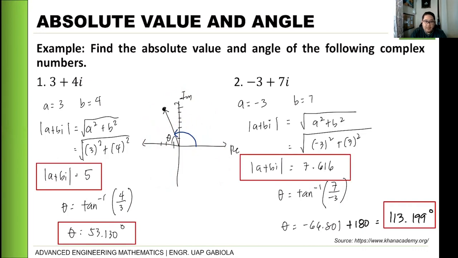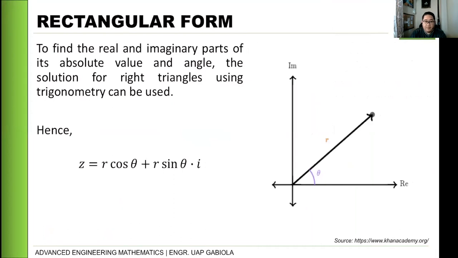Now, we will go do sa tinatawag nating rectangular form ng ating complex number. Actually, yung a plus bi is already considered as yung rectangular form ng ating number. Pero si a and b, since we have a right triangle, we can represent yung a and b natin into its equivalent trigonometric function. No?